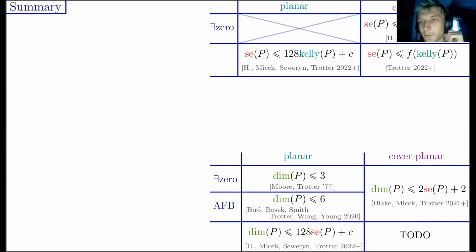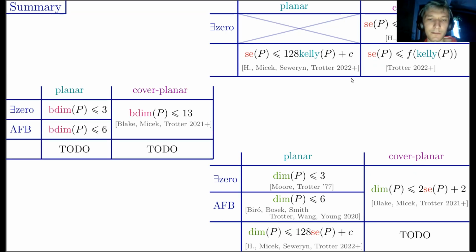For zero and planar cover we have a bound by Will. For planar we have a bound by Kelly. And also in general, Tom Trotter claimed this summer to prove that a standard example is bounded by a function of Kelly, but I'm not sure what this function is, and I think it's not very nice. So probably there is also some room for improvement.